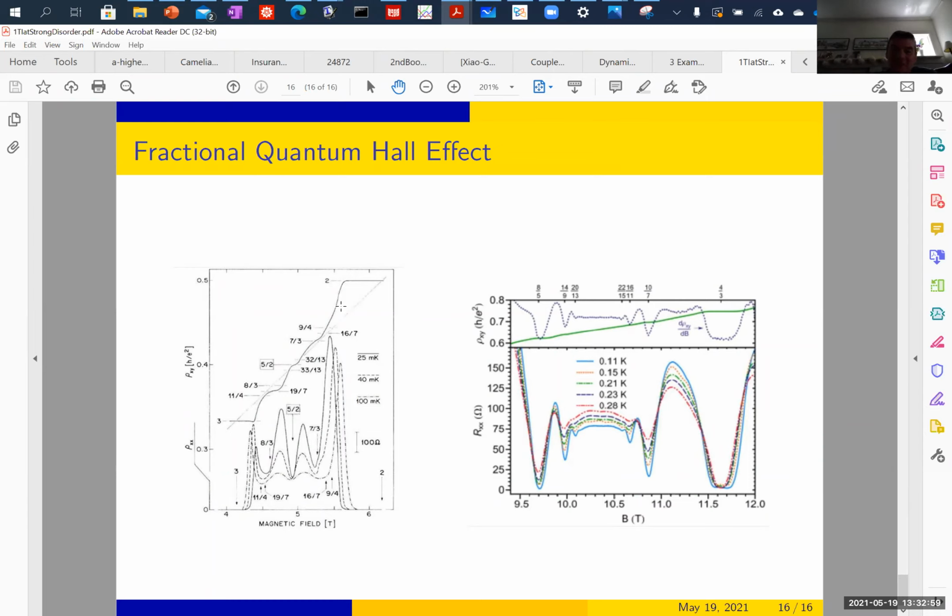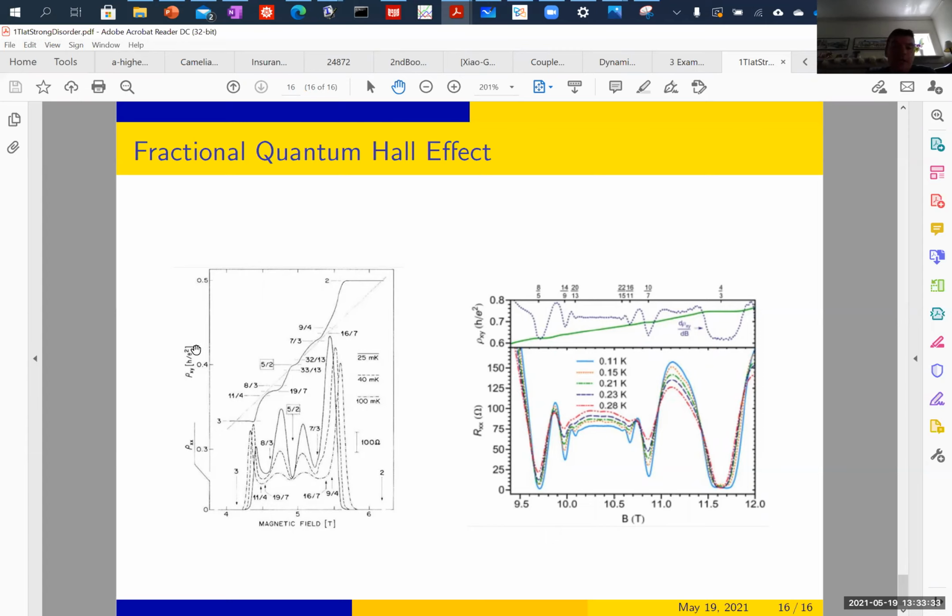And now the slide I have is about the fractional quantum Hall effect. Of course, after beefing up the magnetic fields and with purer samples, people started observing not just integer plateaus, but rather plateaus which are aligned with the fractional values. And the situation is quite similar.